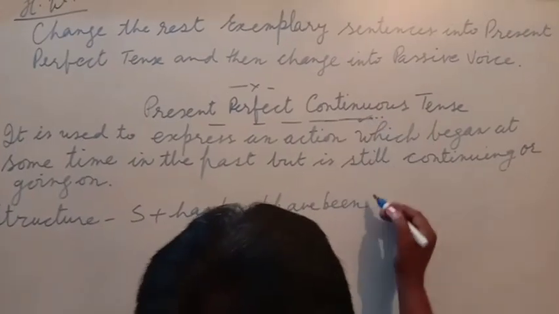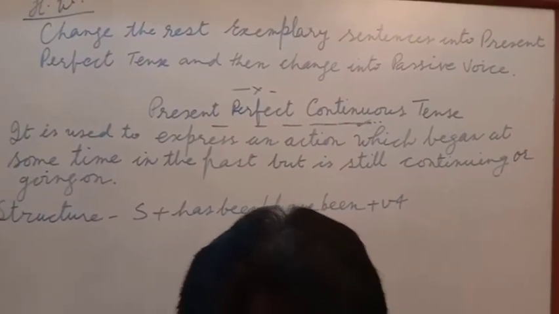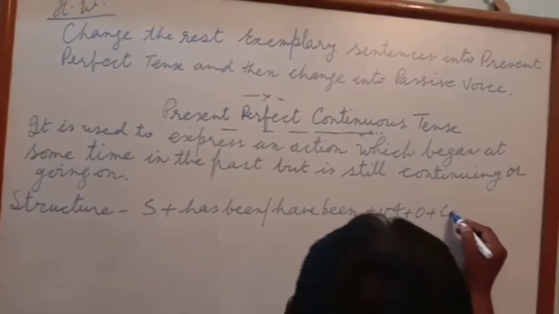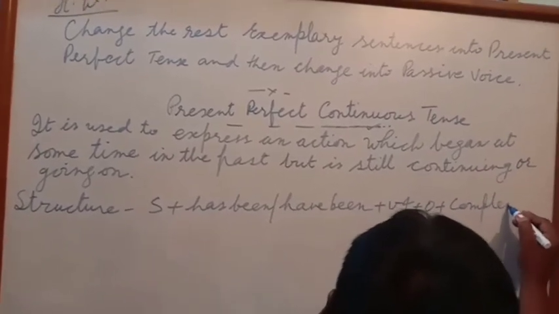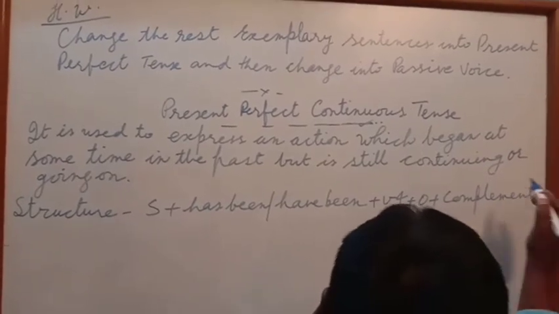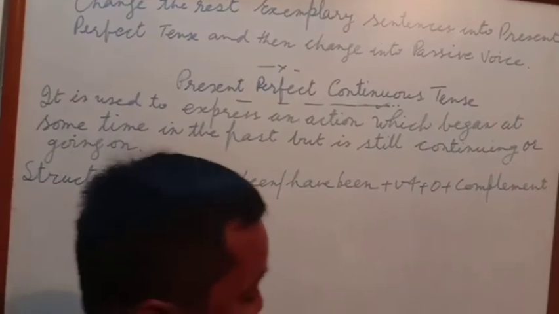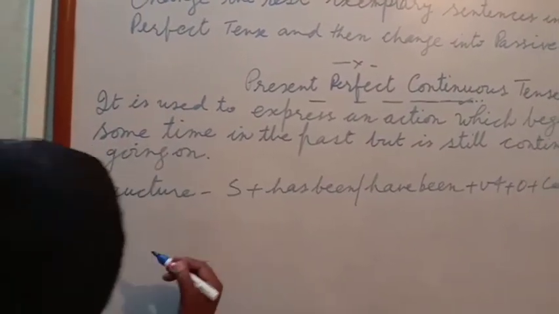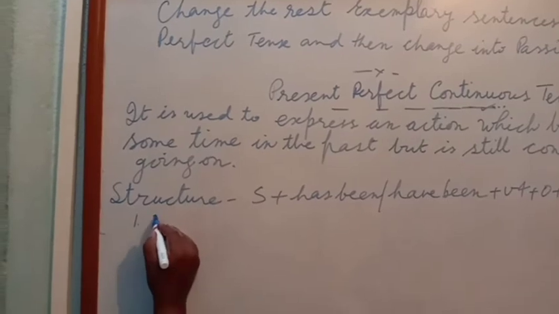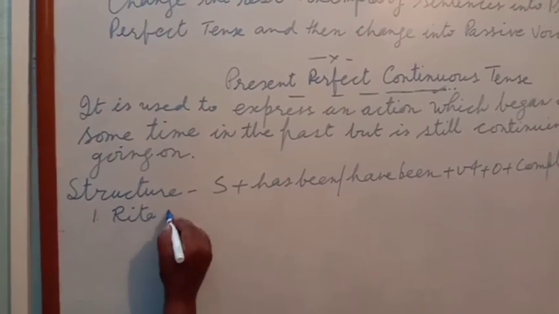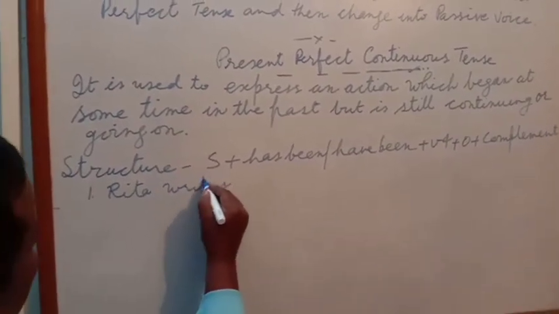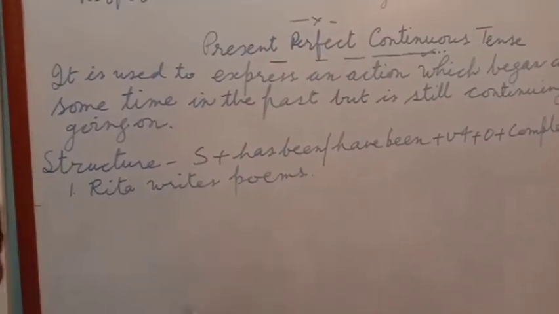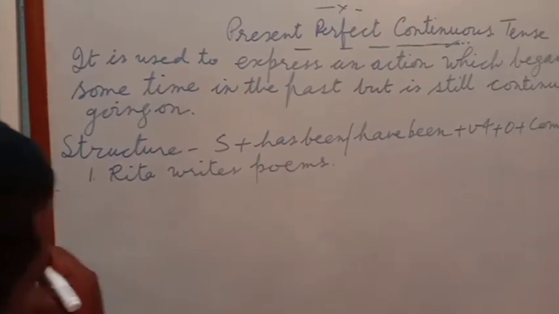Continuous means V4. Perfect means V3, plus object or complement. What is the exemplary sentence? Rita writes poems. This is the exemplary sentence.